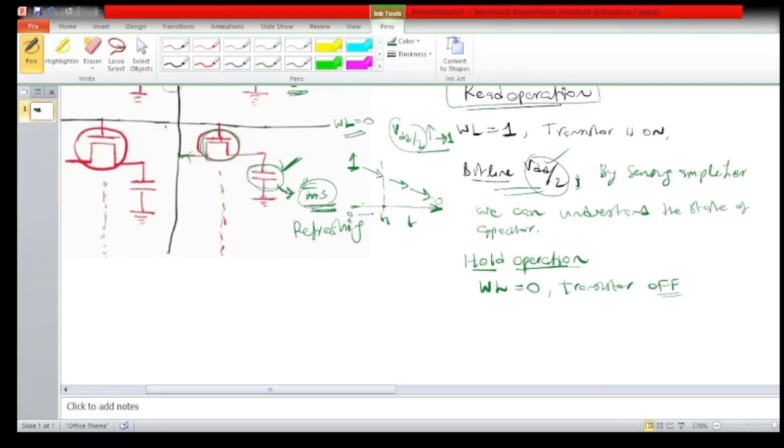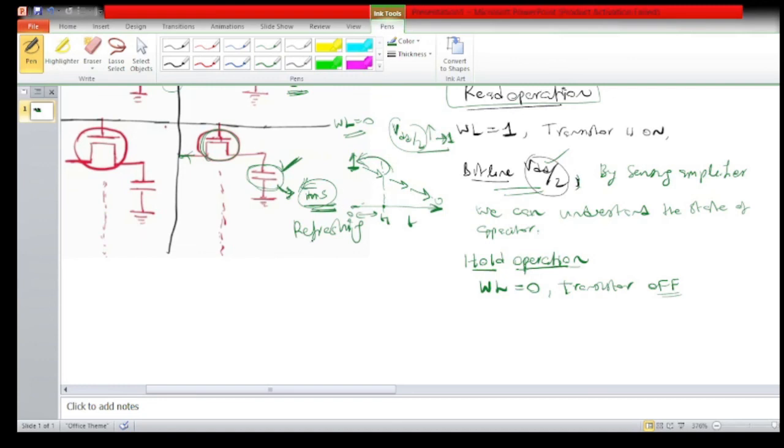So within this 0 to t1 time, it will go below the level that corresponds to the high state. Then we have to refresh it again. We have to recharge that capacitor to its maximum level again. Once it reaches this state, we have to bring it back to the high state.